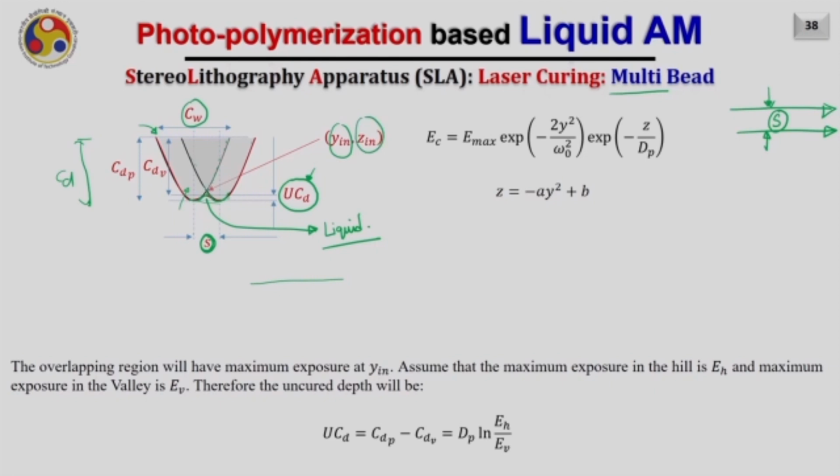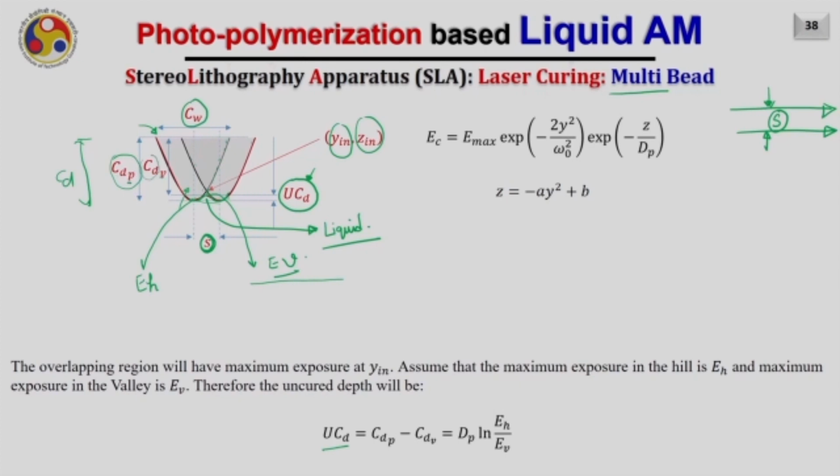Assuming that the maximum exposure in the hill, meaning this particular region here, this is the hill, that is EH, and in the valley, that is here, the exposure is represented by EV, and hence one can find out the curing depth as the depth CDP, meaning the curing depth in the peak, and the curing depth in the valley.